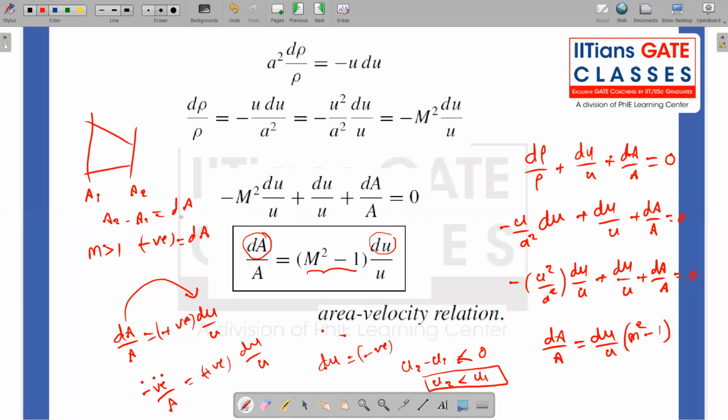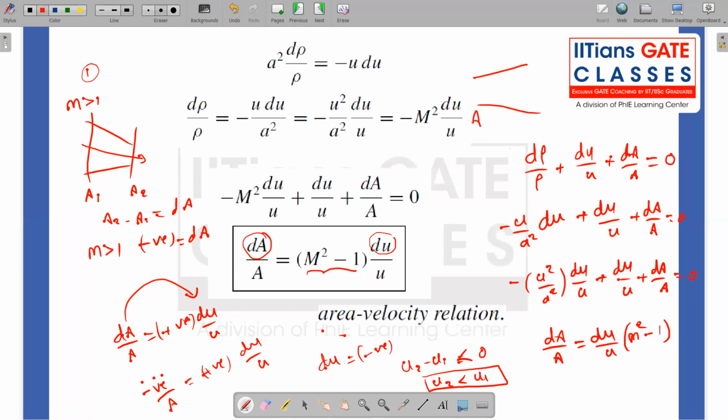That means the flow has to decelerate from point 1 to point 2 if M is greater than 1 at point 1. So in a converging duct, if M is greater than 1 at the beginning, a supersonic flow is going to decrease in velocity. Now, by a similar argument for the diverging duct, what happens?